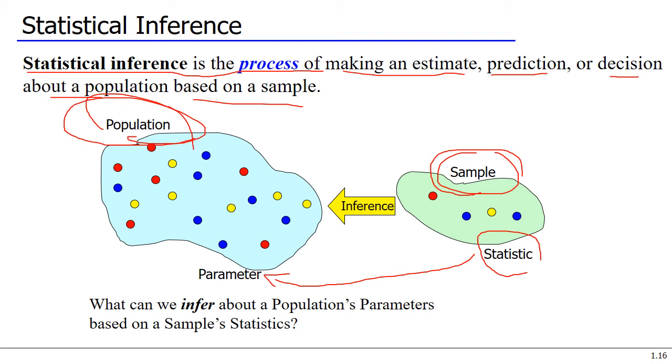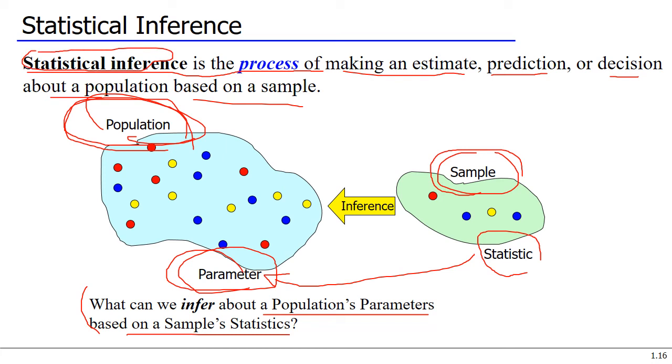Then based on the parameter we know the characteristics of a population. So what can we infer about the population's parameter based on the sample's statistic? This is a process of making decisions. This is called statistical inference.